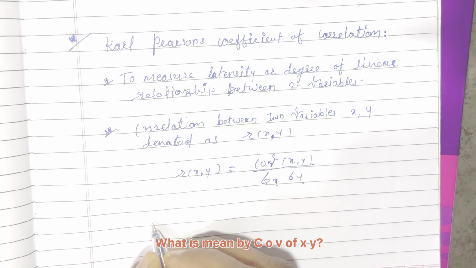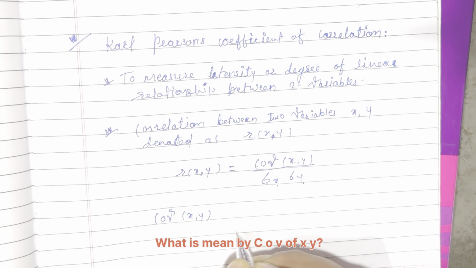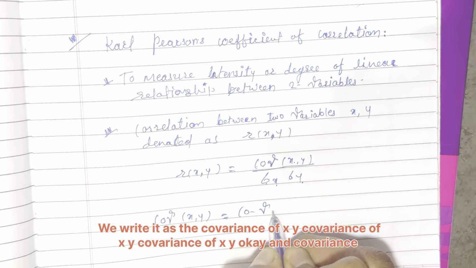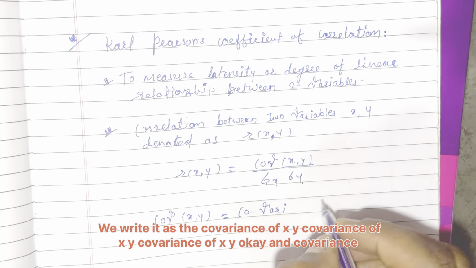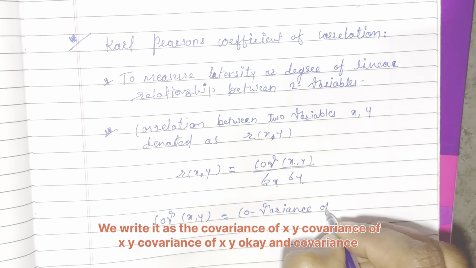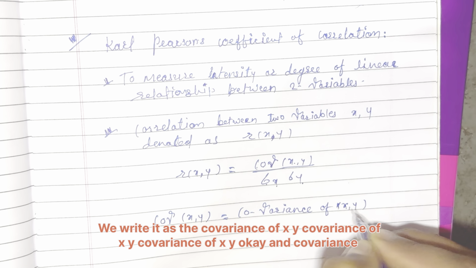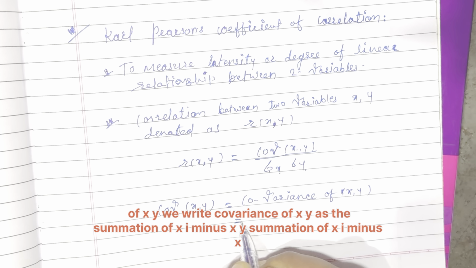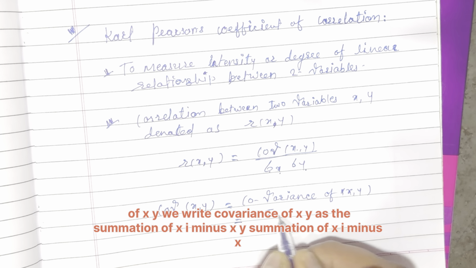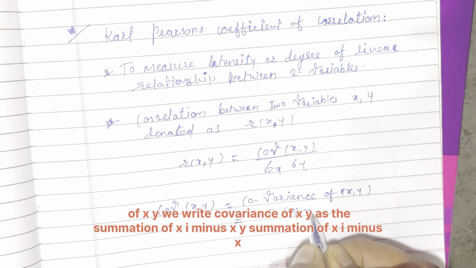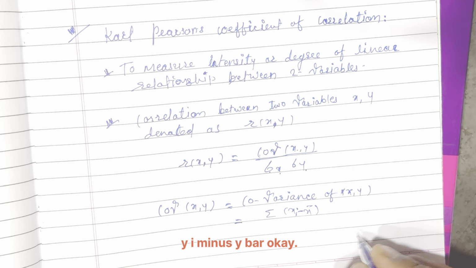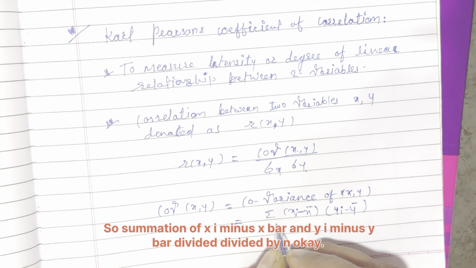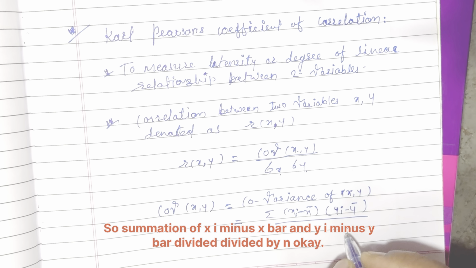What is meant by COV of xy? We write the covariance of xy as the summation of (xi minus x bar)(yi minus y bar), divided by n.